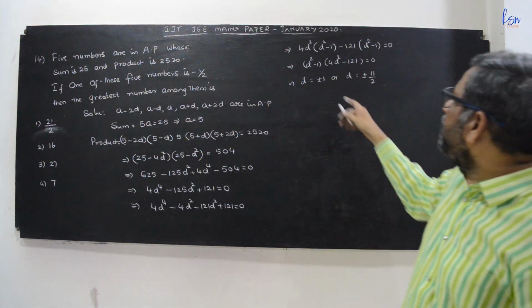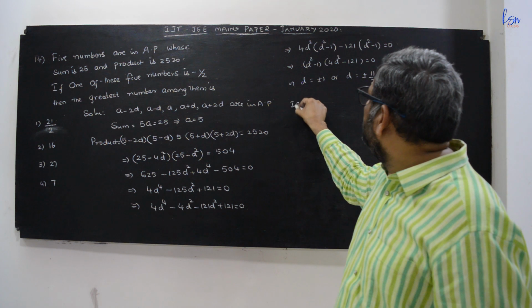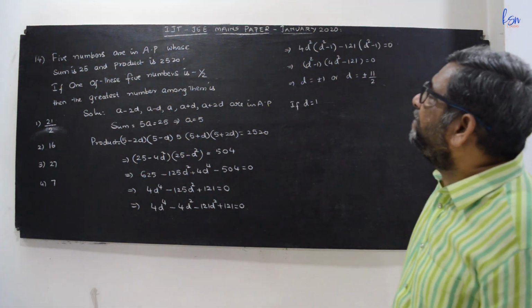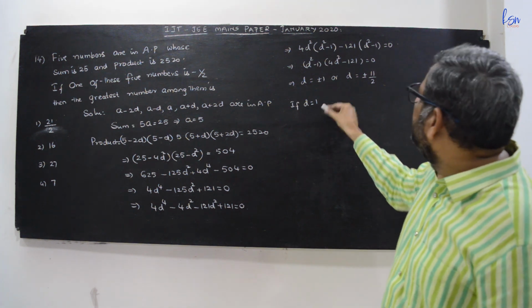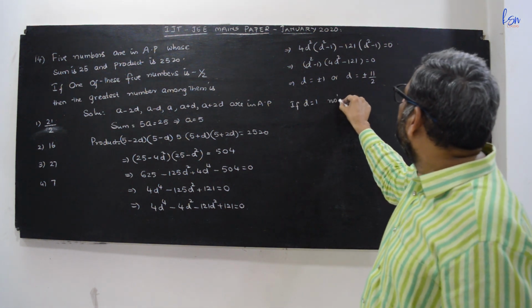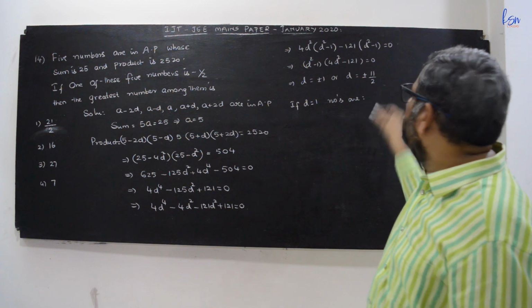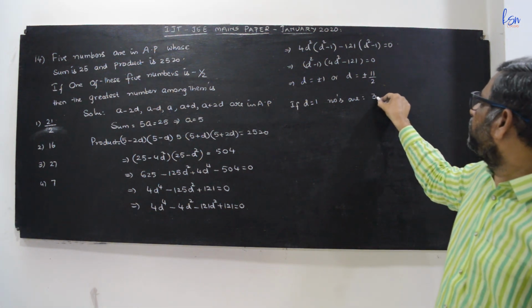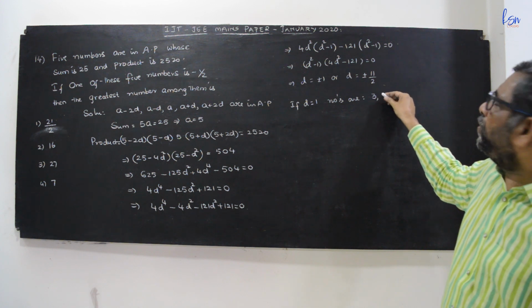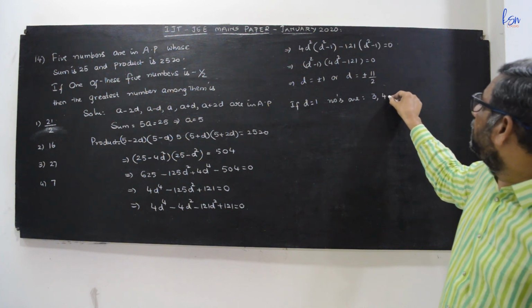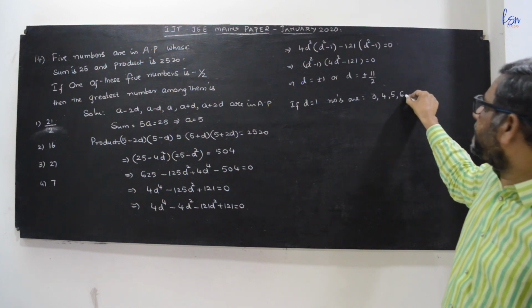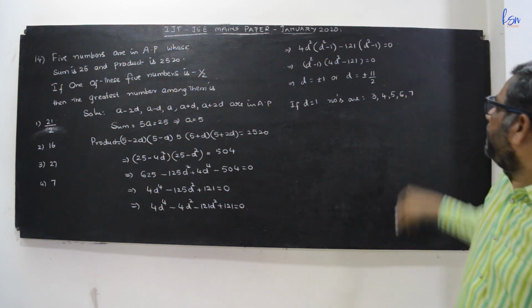If d is equal to 1, the numbers are 5 minus 2d, 5 minus 2, 3; 5 minus d, so 4; 5; 5 plus d, 6; 5 plus 2d, 7.